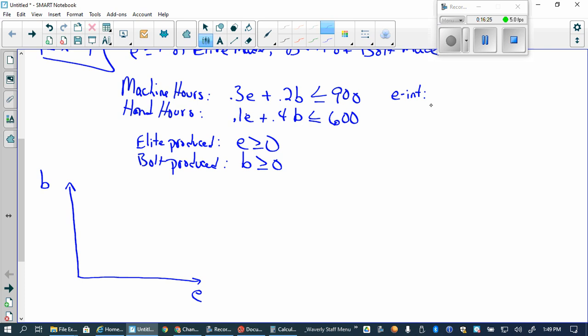900 divided by 0.2 is what? That's 4,500. What is it down here? The E-intercept is 600 divided by 0.4, right?